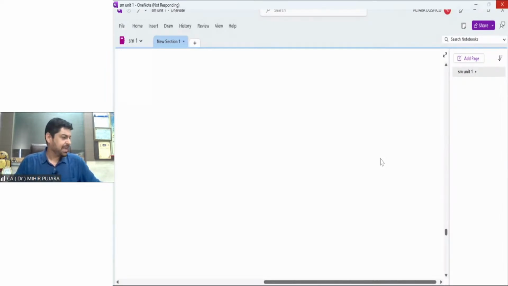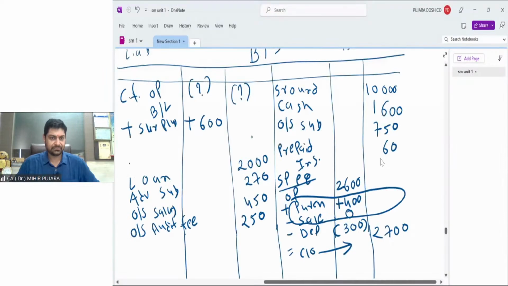And please write 11540 in a closing balance sheet plus surplus 600. So it will be 12140.